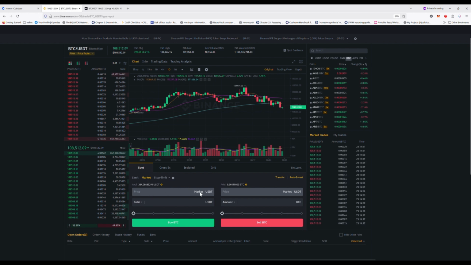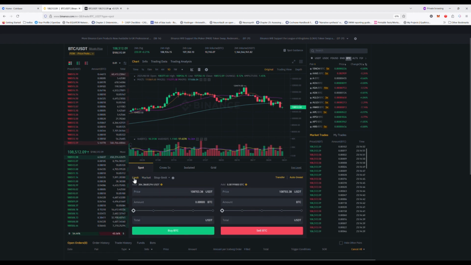In USDT, I just need to choose how many Bitcoins I can buy, or fractions of it, depending on the money I own. And by the way, I'm looking at spot trading. I am not going to look at any futures or any leverage-based trading. If I change the spot trading to limit, then I can define the price I want to pay and the amount I want to buy, and then put the buy order.